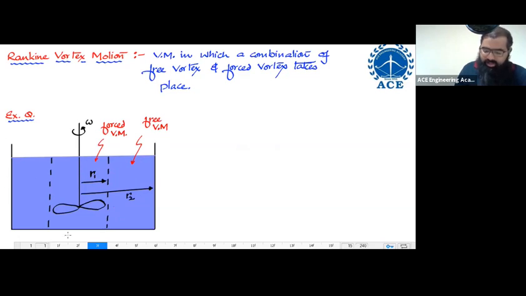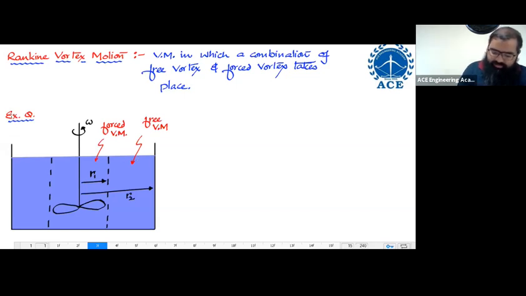Now you see in this entire container, the vortex motion you're having is a combination of forced vortex motion and free vortex motion. The question asked over here is, you are supposed to draw the variation of velocity with radius for this particular case.